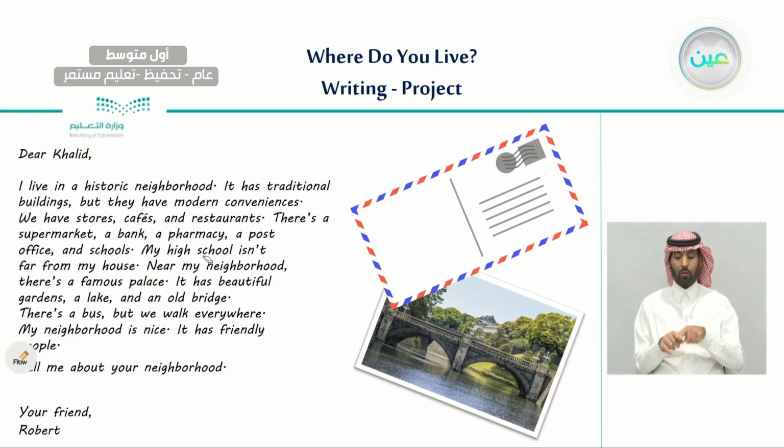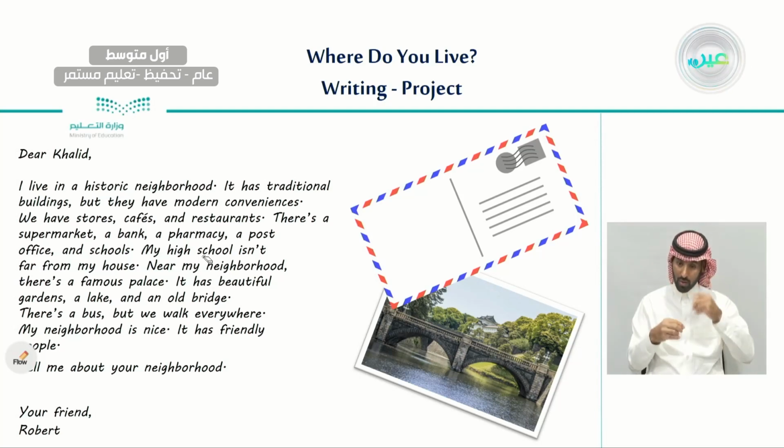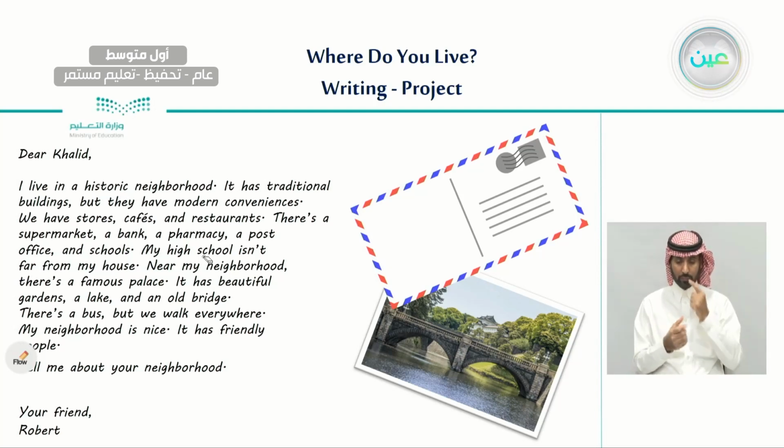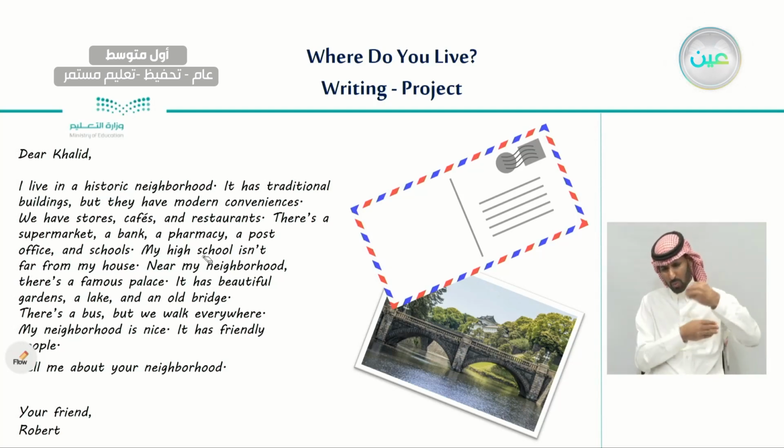The letter says, Dear Khalid, I live in a historic neighborhood. It has traditional buildings, but they have modern conveniences. We have stores, cafes, and restaurants. There is a supermarket, a bank, a pharmacy, a post office, and schools. My high school isn't far from my house.